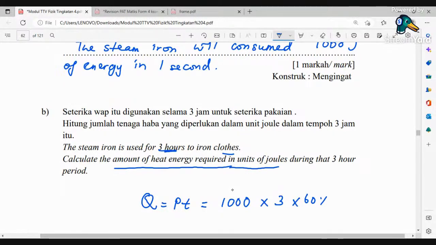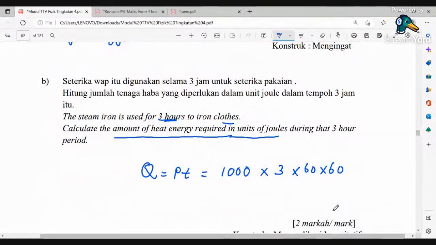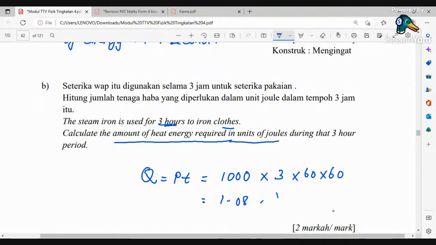Ni kena convert second times 60 times 60. Okay, so you will get the answer is 1.08. Okay, so ini guna 3 hours dia dapat ini.